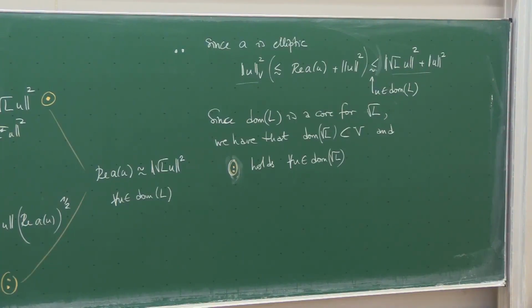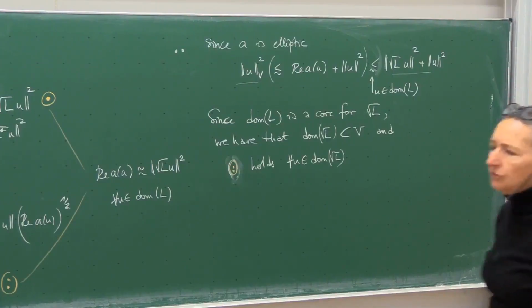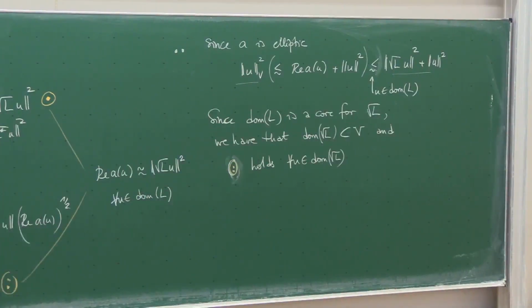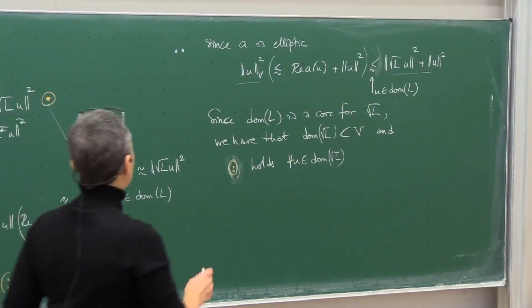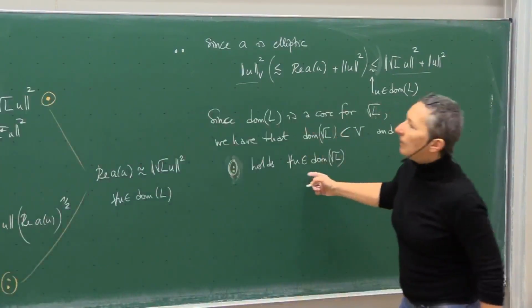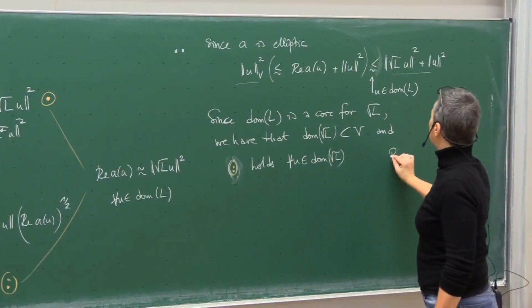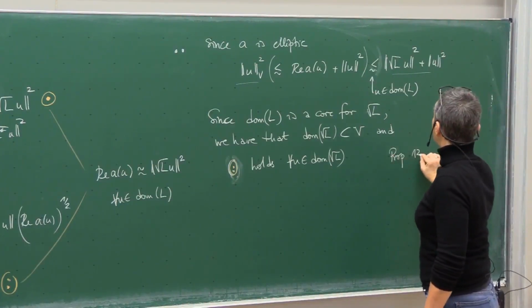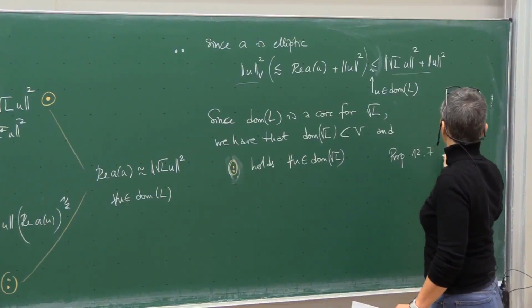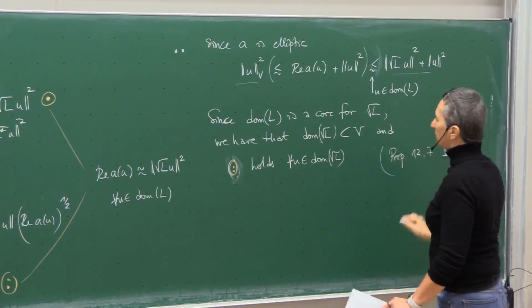Good. And to finish it, there's a last corollary, and I will finish with that. Well, this finishes the proof of the proposition. So proposition 12.7 is proved.